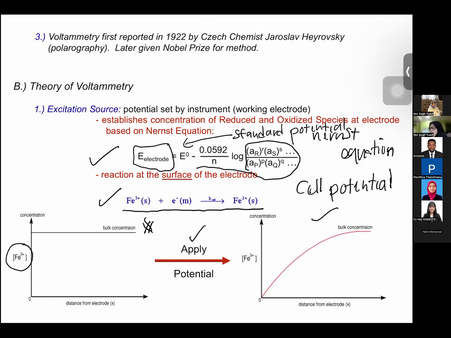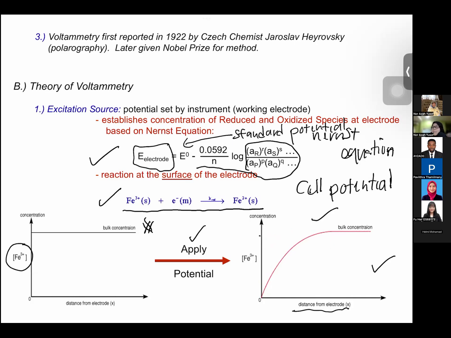So you can see the bulk concentration with regard to distance from the electrode. The farther from the electrode, you can see the bulk concentration is higher.